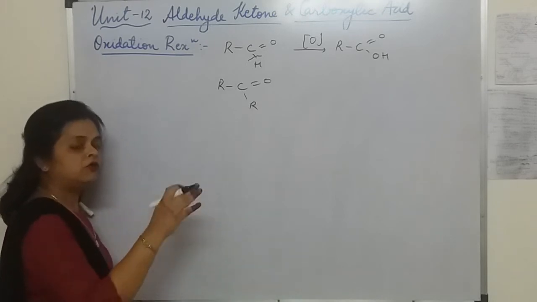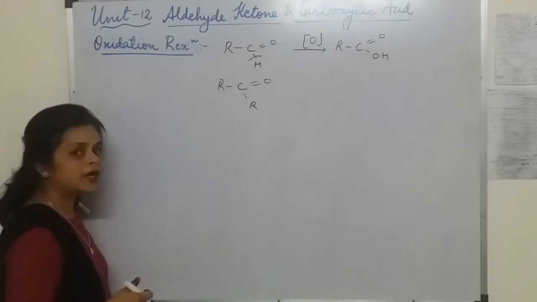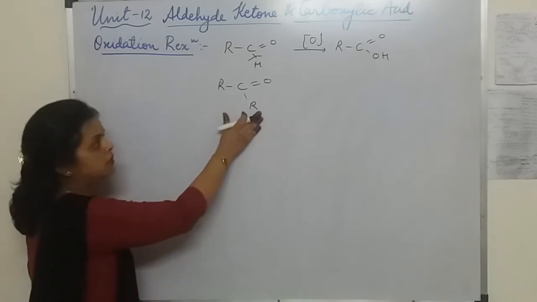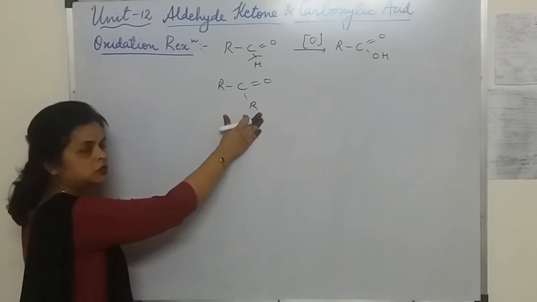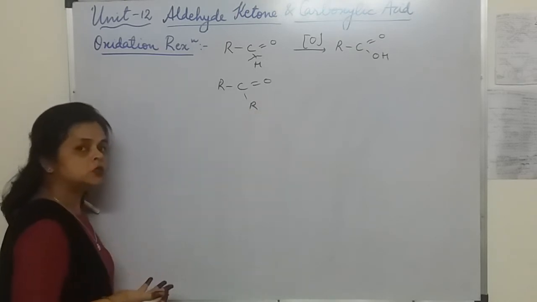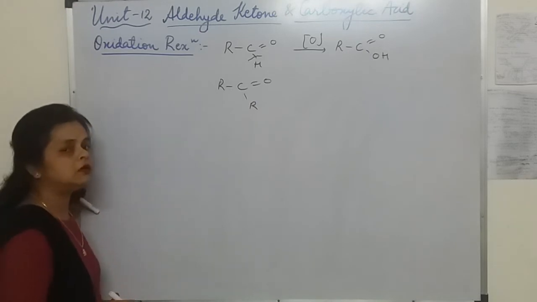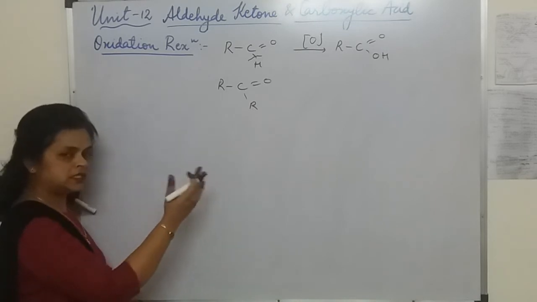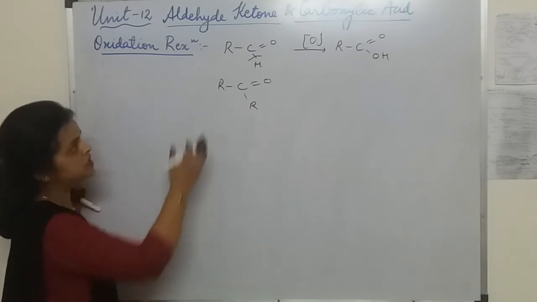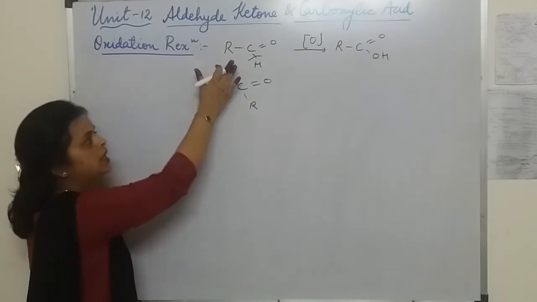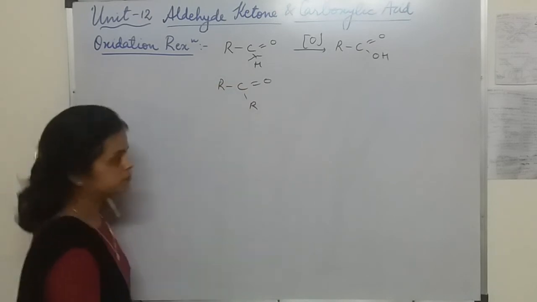Not only that, along with that other bonds also have to be cleaved. So for this oxidation of the ketones, they require strong oxidizing agents. They cannot undergo oxidation with the mild oxidizing agents. So let's take the reactions in detail. First we will discuss the aldehydes and then we will take the ketones.